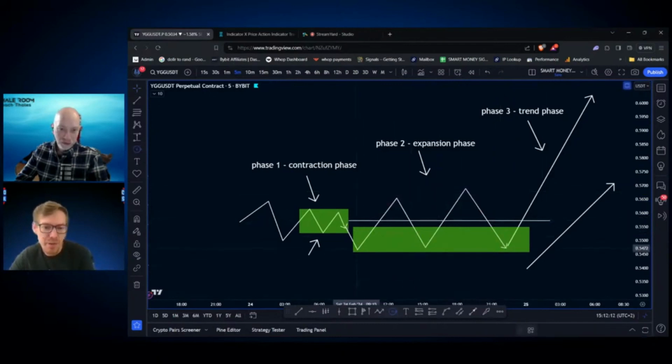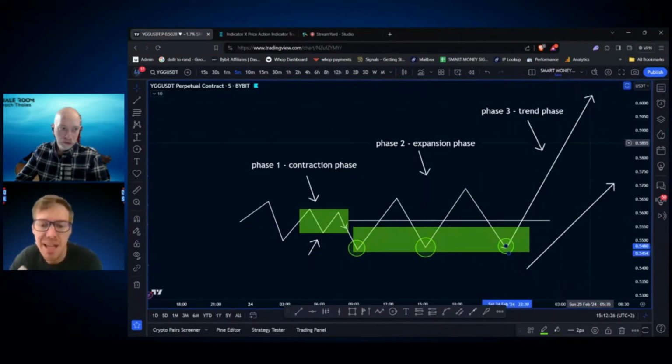Because if we enter below here, or below here, or below here, it is the optimal entry. So when price does go into the third phase, we're just catching that wave into the trend phase. So it's all about timing and understanding what phase you're in and how to trade that phase accordingly.